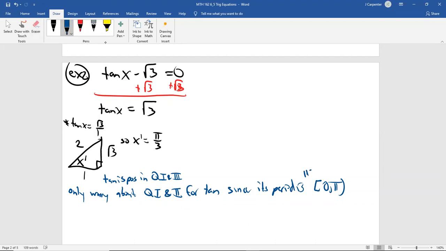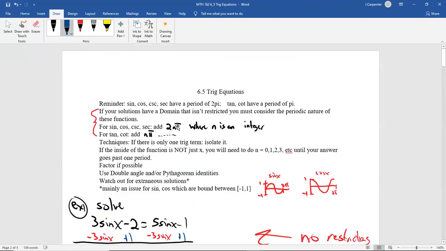So that's just quadrant 1 and 2. So we're not actually going to worry about putting our reference angle in quadrant 3 because, let's scroll back up a little. We said for tangent and cotangent, you don't add 2 n pi, which was 360, you add n pi, which is 180, so just multiples of 180.